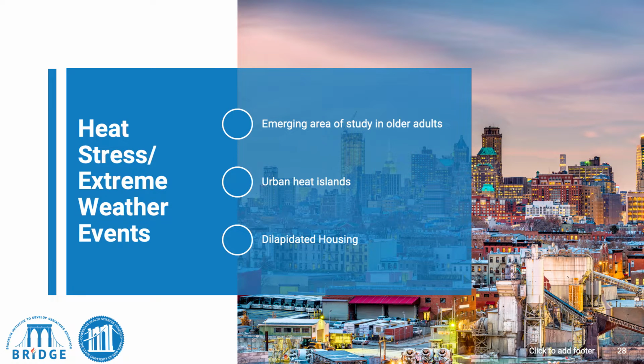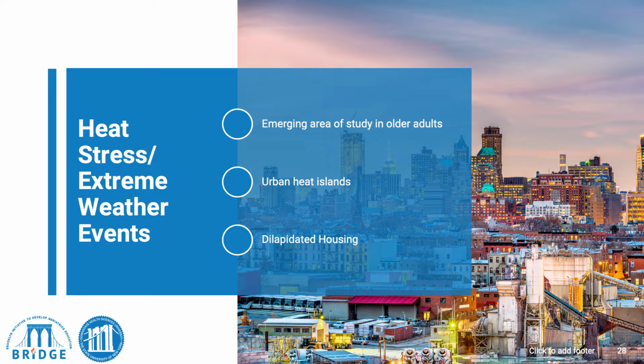So thinking first about heat stress and extreme weather events, it is actually not only an emerging area of study over the past 20 years, there's been more of a ramp up of studying this. It's also an emerging area of study in older adults and thinking about what happens when there's heat stress and extreme weather events. Urban heat islands are something to think about, especially in our population of older adults where we have to think about what is their access to cooling centers, what is their access to air conditioning, how do they remain cool.